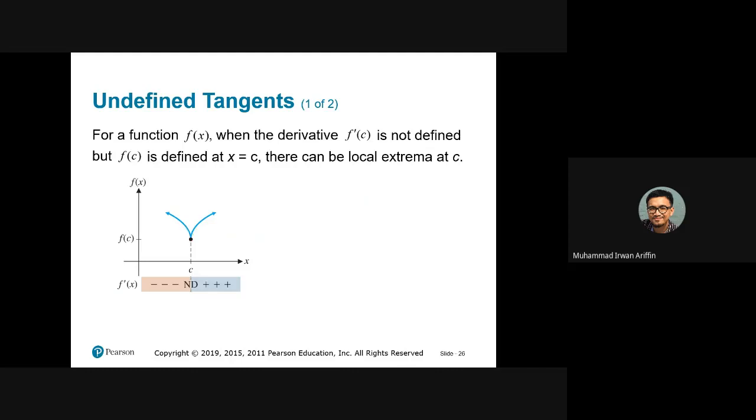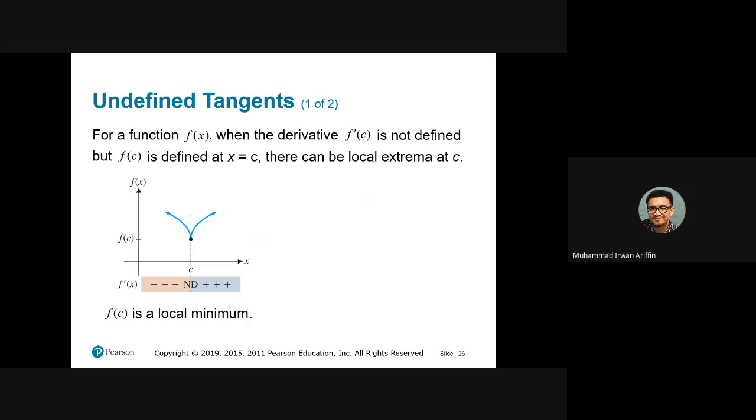Now take note that the sign of the derivative changes. As we approach c, it's negative, but then it becomes undefined at c, and then the graph starts to go up, and the slope is positive. In this case, f of c is a local minimum.